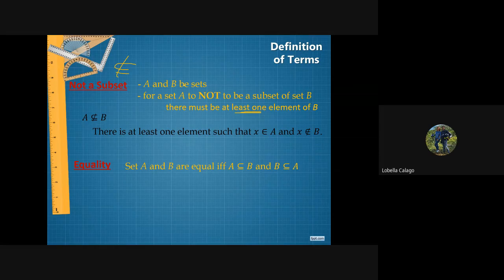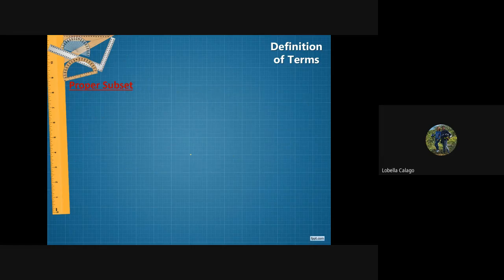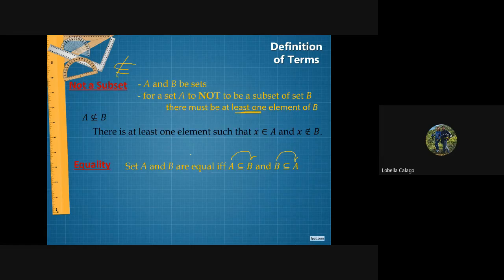So, we know that sets are equal if and only if A is a subset of B and B is a subset of A. So, we all know, pag magiging subset siya, lahat ng elements sa A nasa B. Hence, yung lahat ng nasa element ng B ay nasa A din. So, they are equal. So, yun po ang ibig sabihin ng equality.